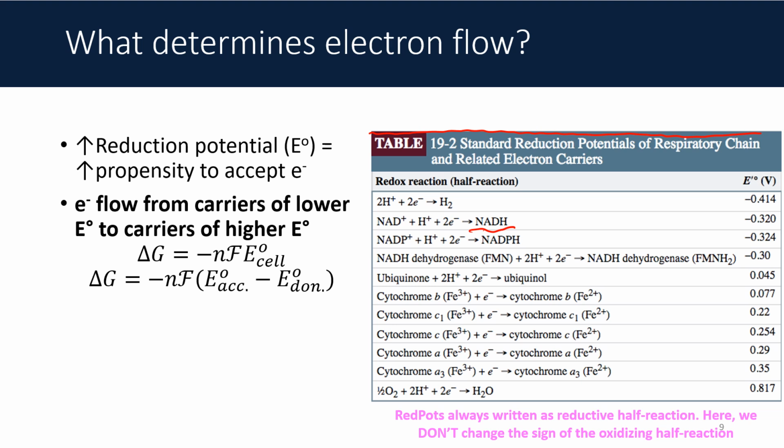So this half reaction is going to be NAD plus a proton plus 2 electrons. Combine them all together, we get reduced NADH. This is a reduction. And its potential to get reduced is shown over here, negative 0.32 volts.